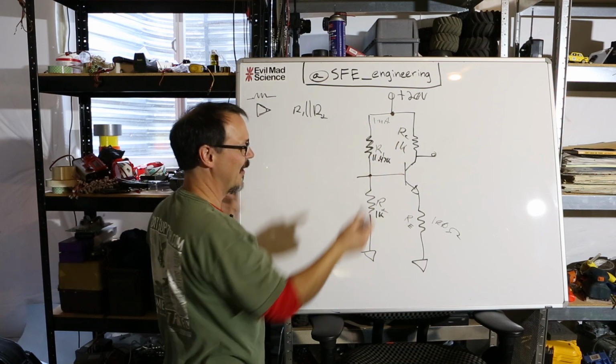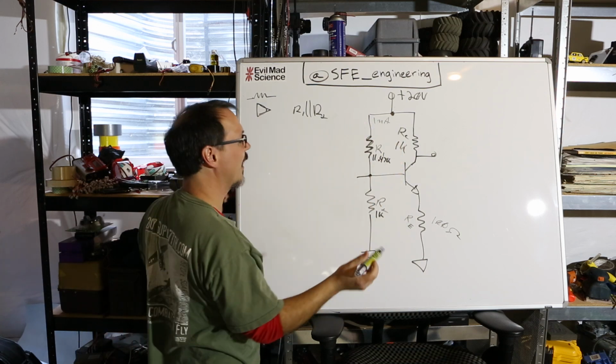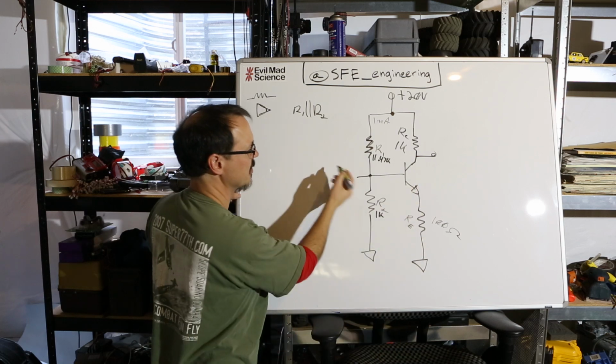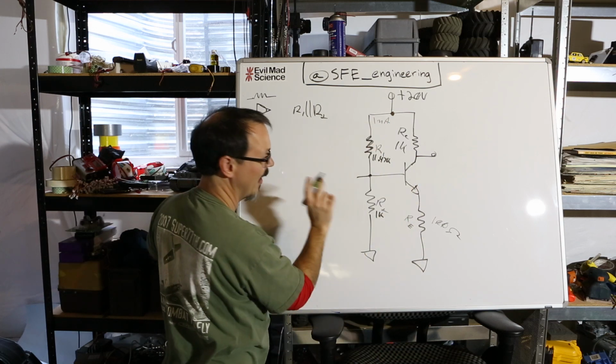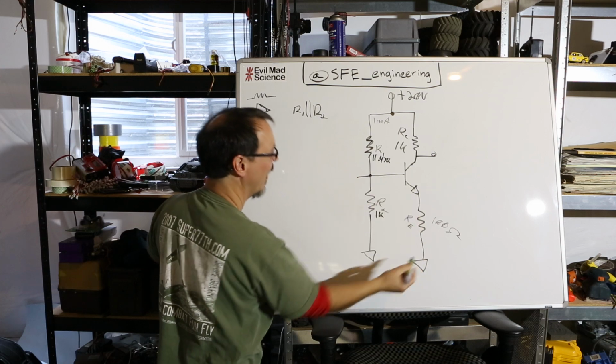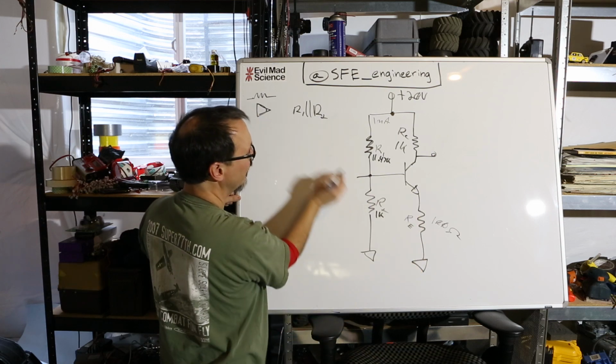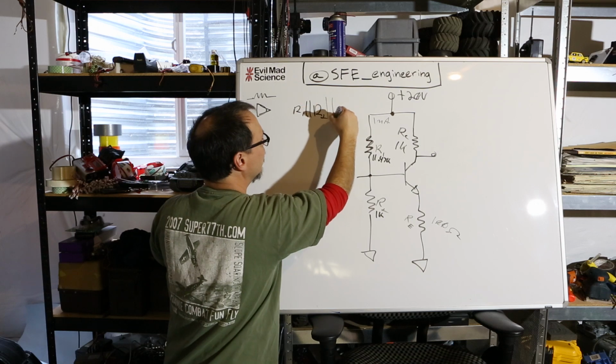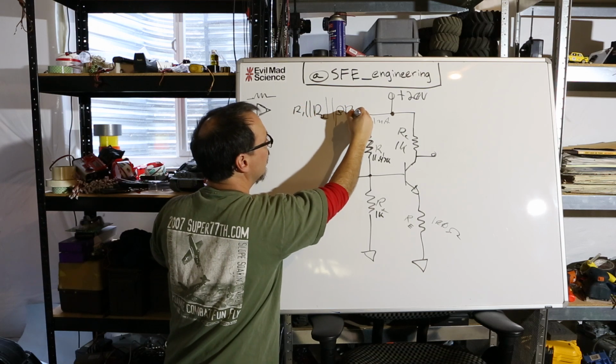VCC or ground, they are both signal ground, okay? So when you're putting a signal in here, it's gonna diverge in three different directions. One's gonna go that way, one's gonna go that way, one is gonna go that way, okay? So it's gonna be R1 in parallel with R2 in parallel with beta RE.